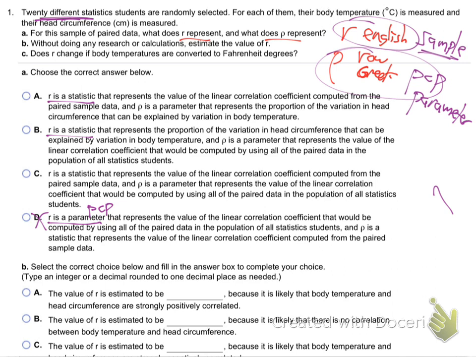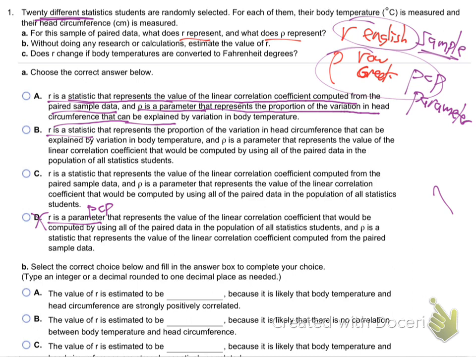So I don't know how to eliminate anything else. R represents the value of the linear correlation coefficient computed from the paired sample data, and rho is the parameter that represents a proportion of the variation in head circumference that can be explained by variation in body temperature.